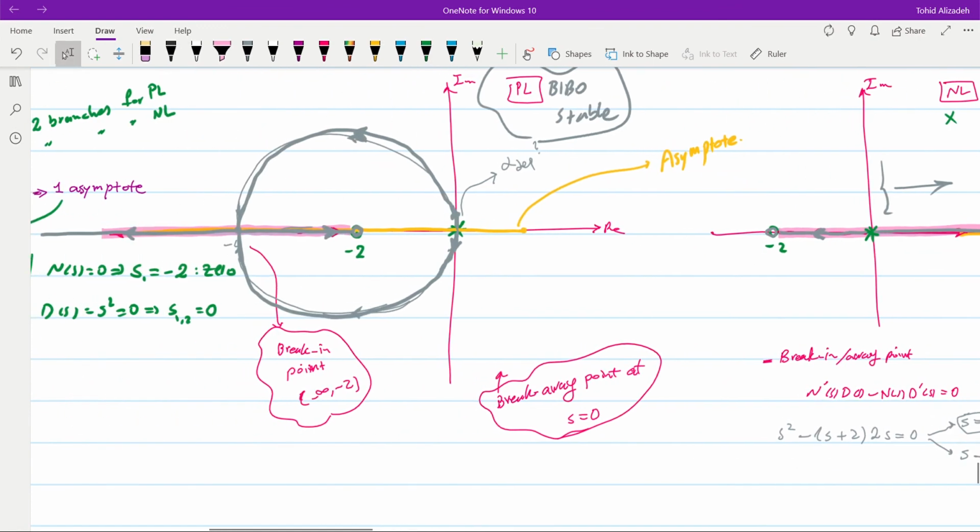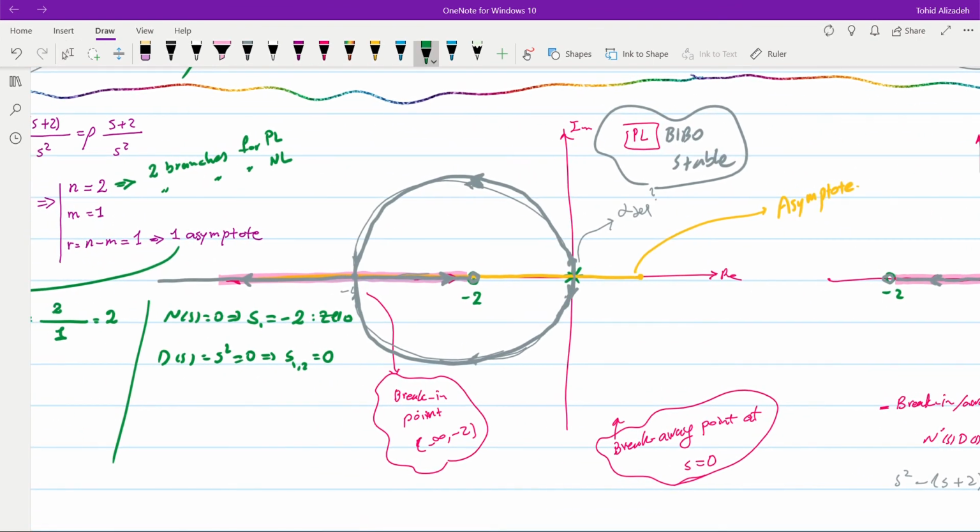But with the positive locus, we can eventually have two poles over here. I'm just highlighting it. For which we can determine the value of rho. So let's see how much will be the value of Kp or rho over here. I assume that by now you know how to do it. You can apply the amplitude condition.